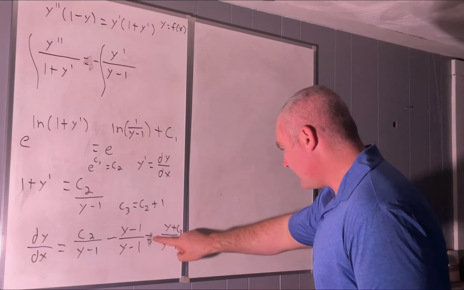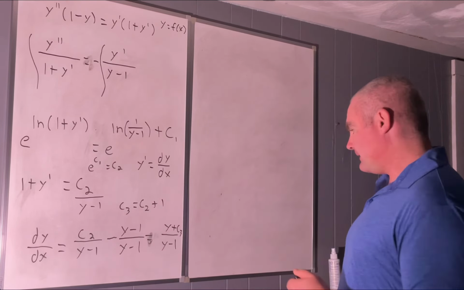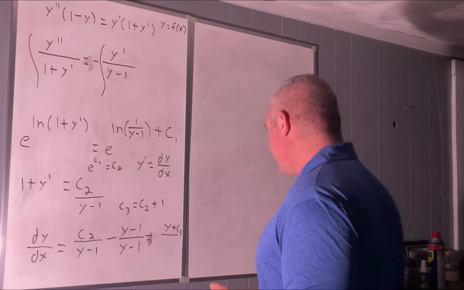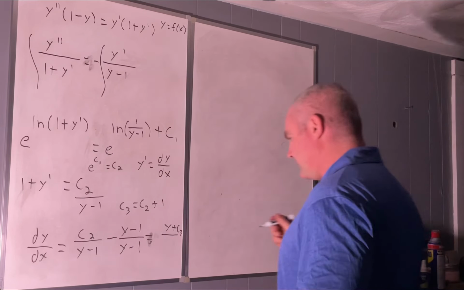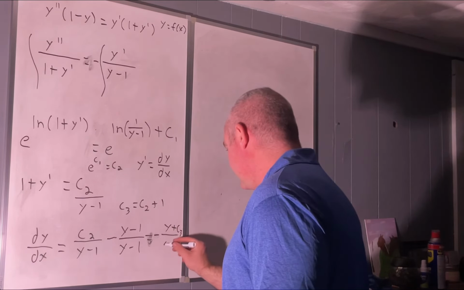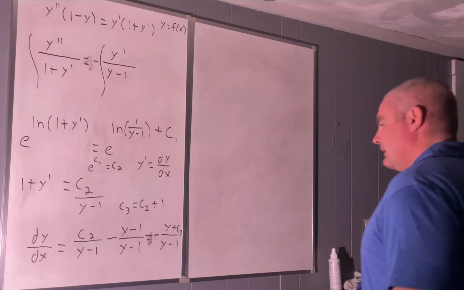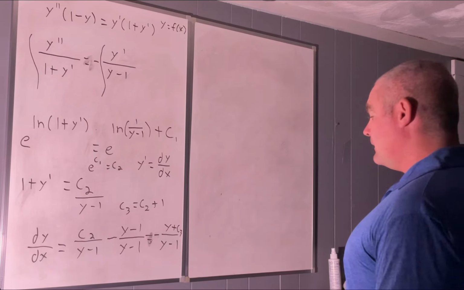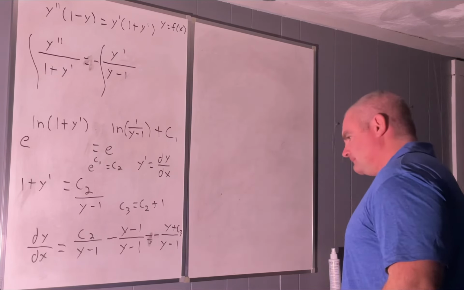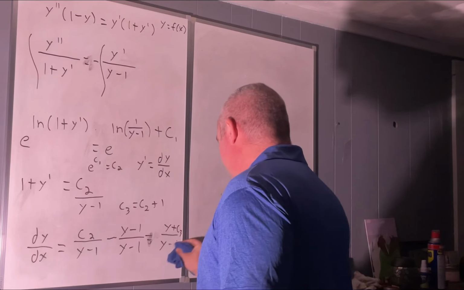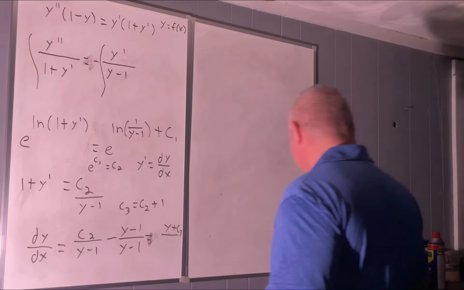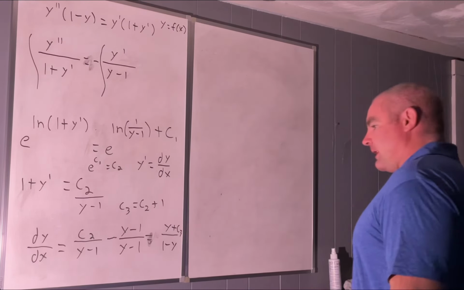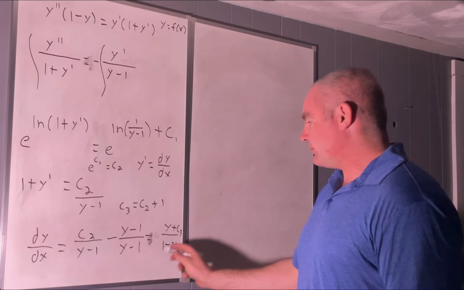Then I'm going to remove that negative sign. No, I don't want that negative sign there, so I'm going to make that a 1 minus y. I'm just going to rewrite this without that middleman.